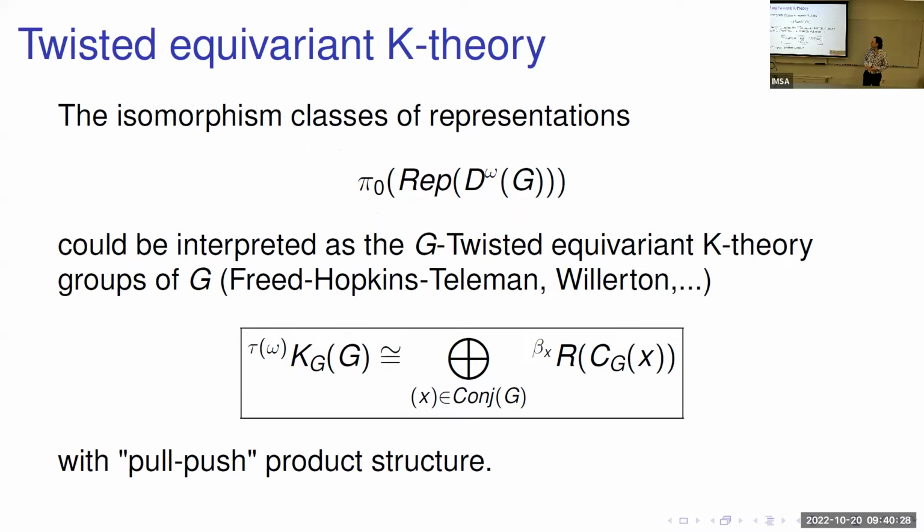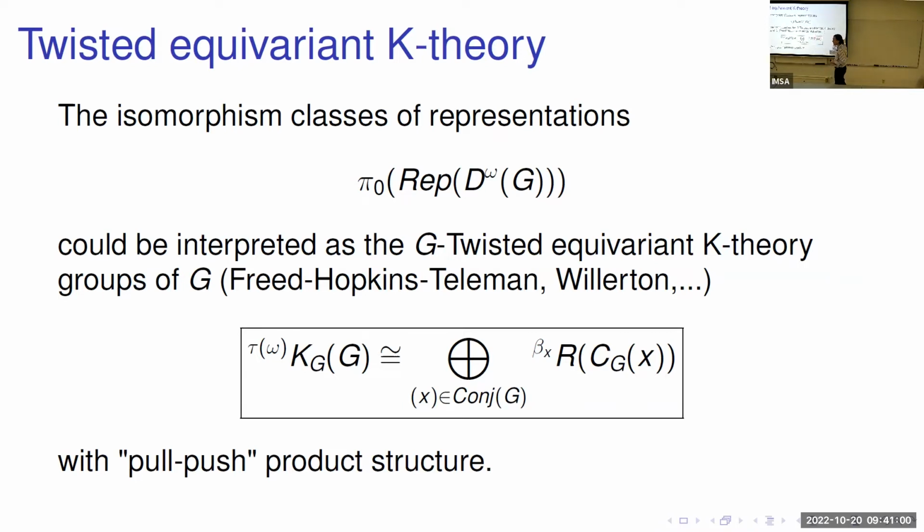When I was doing my PhD, this was information that Alejandro Adem was interested in at the time. If you take a look at the isomorphism classes of representations of this gadget, whatever that is, you could look at it in a separate description as the twisted equivariant K theory of the group, where the group acts on itself by conjugation, and as a module you can split it in this way.